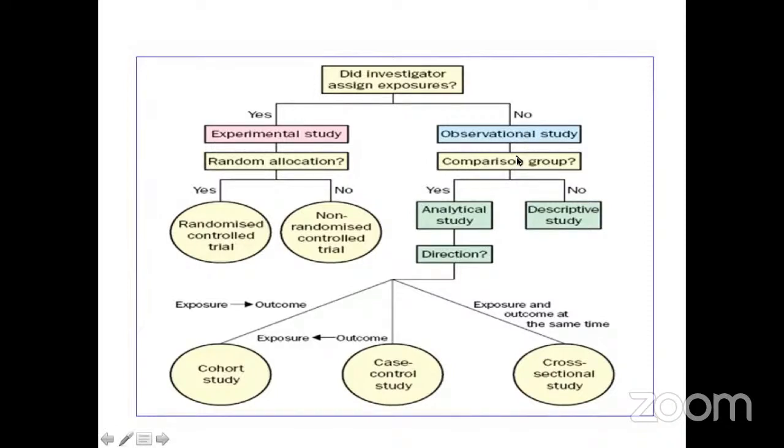If there are two observational groups and you are analyzing them, depending upon the direction you go, whether you go from exposure to outcome or outcome to exposure, they are classified as cohort and case control studies respectively. And if you try to study the exposure and the outcome at the same time, we call it a cross-sectional study.